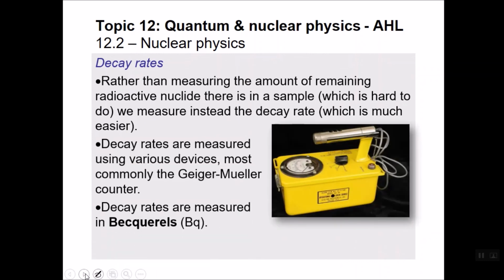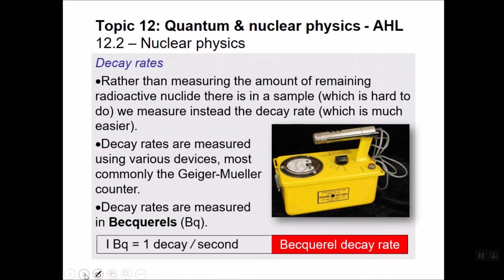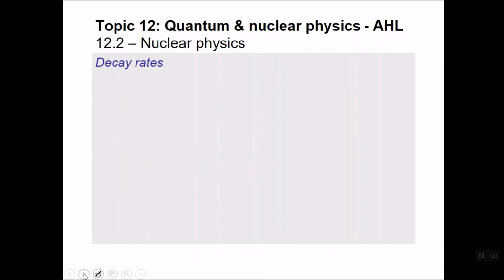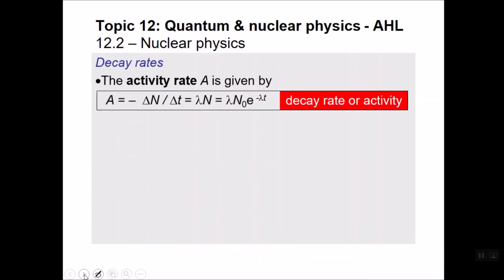So we measure decay with a Geiger counter, and we put it in units of becquerels. There's other units out there, but IB is using becquerels, and that's 1 decay per second. So we have this equation, which again we are not going to derive. This is what we're given, and this is the activity. This is not atomic weight.